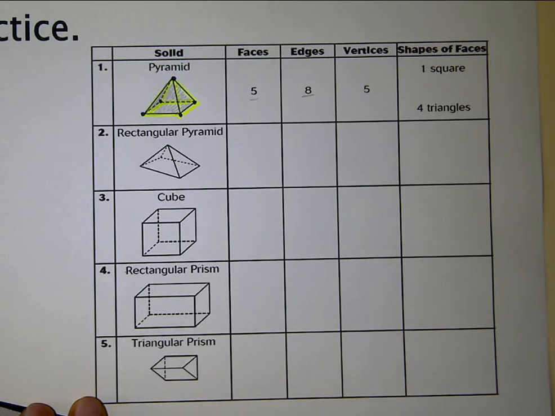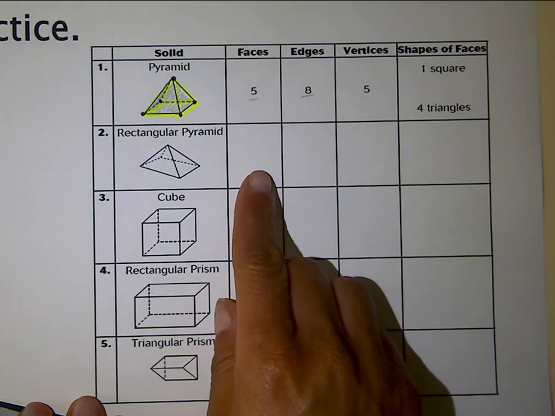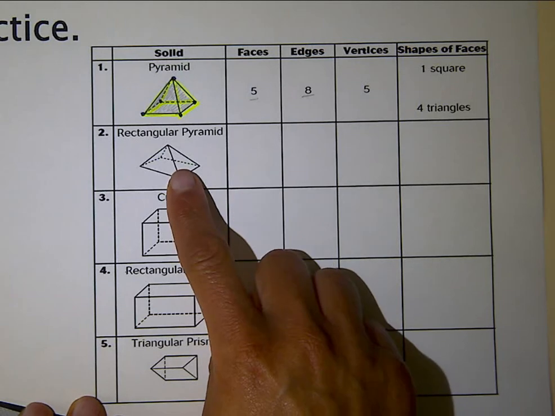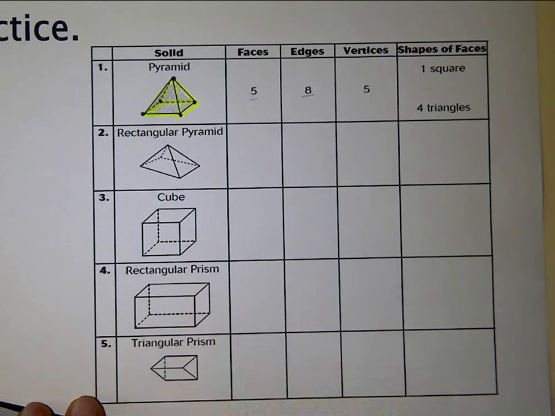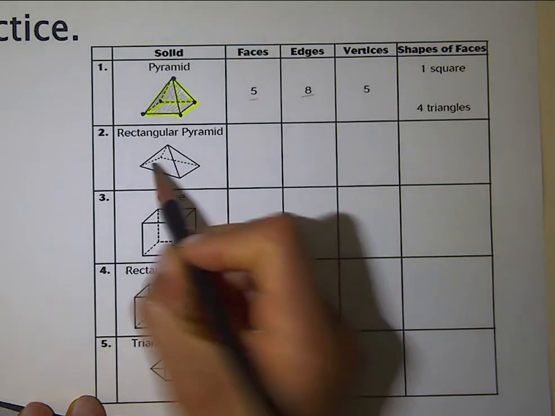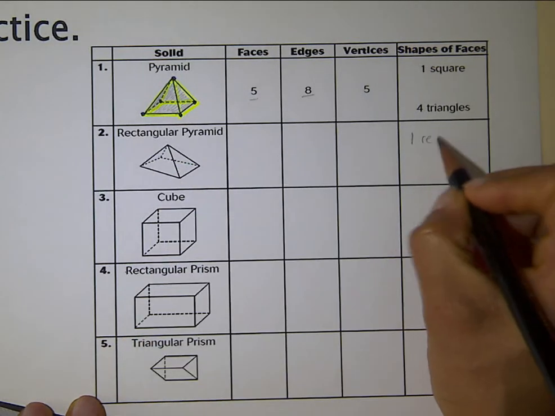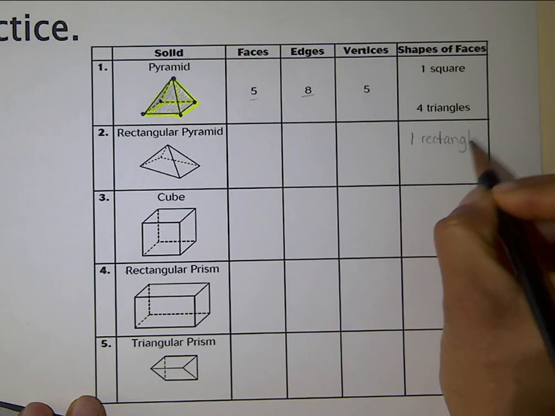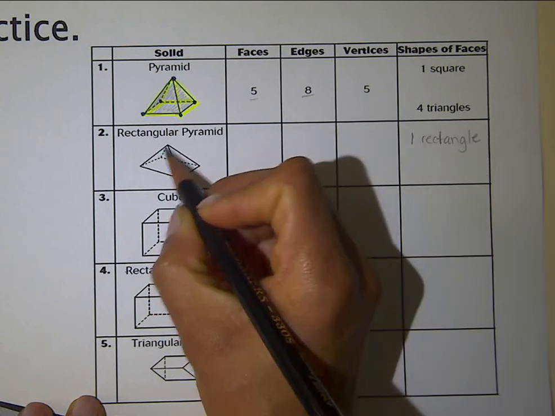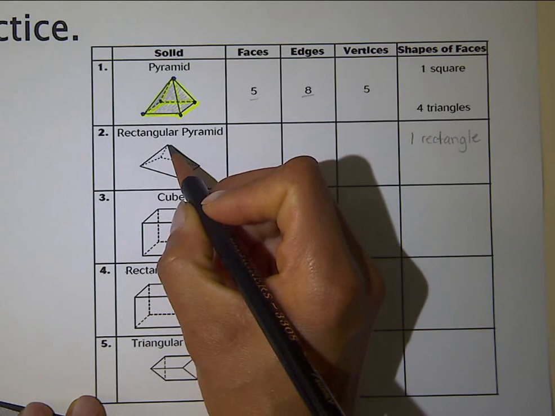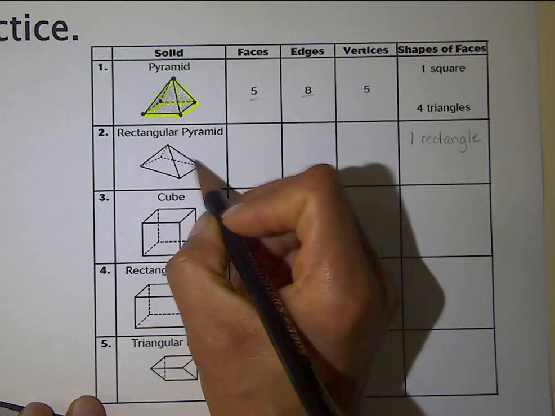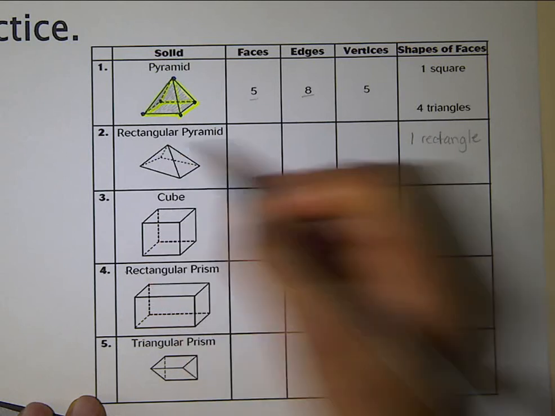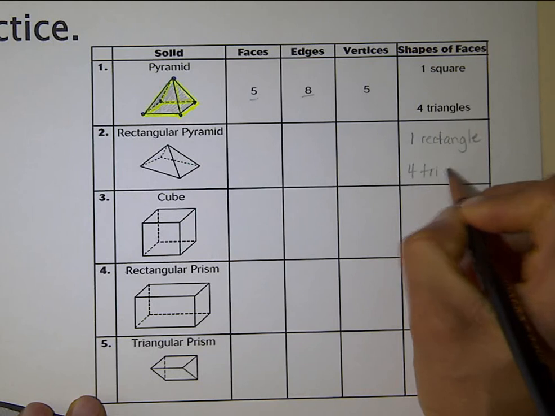So let's do the next one. How many faces are on the rectangular pyramid? Well, I know the bottom is a rectangle. And there's 1 triangle on the front, 2 on the side, 3 in the back, and 4 on the other side. So 4 triangles.